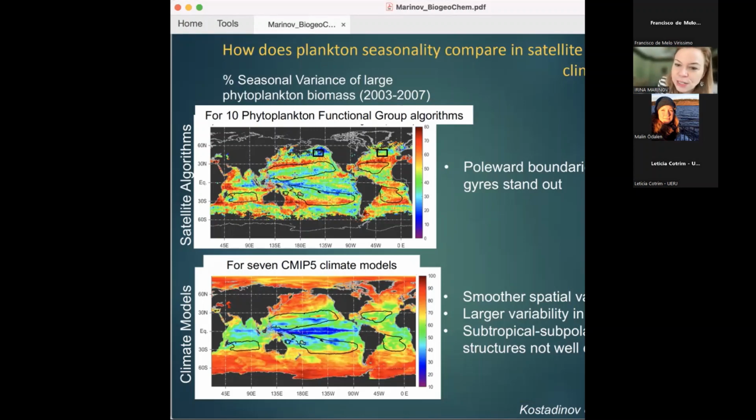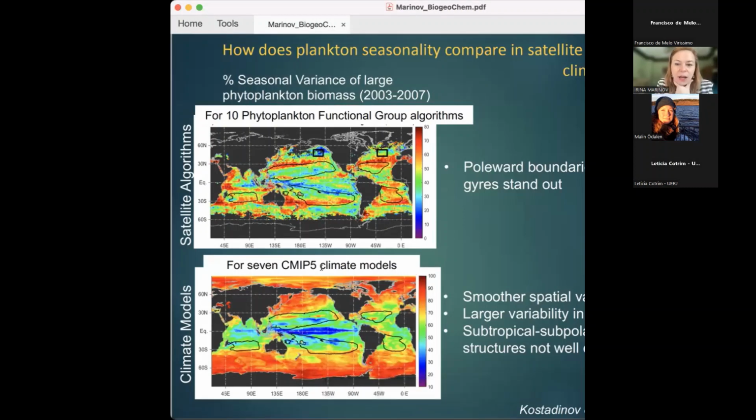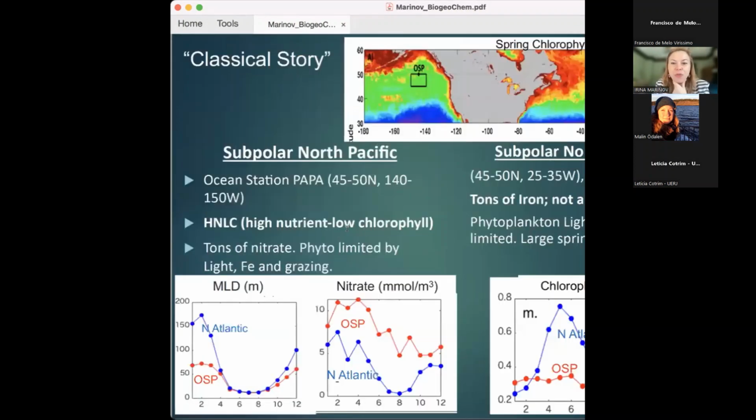So the frontal structure doesn't seem to be well represented in the climate models. And if I showed you 15 different CMIP6 models, it would be the same thing. They all tend to have the same patterns. So basically, we can't do fronts yet in the models, and we make high latitude dynamics too easy, way more seasonal than we think it should be.